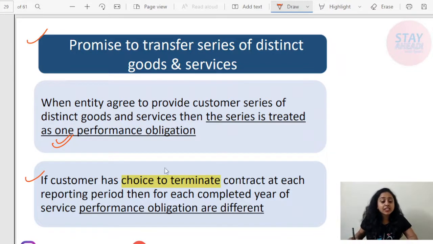If the customer has a choice to terminate, that is very important. If there is a 5-year maintenance contract, record it as a single performance obligation. But if there is a choice to terminate at every year end, then each such year will be treated as a separate performance obligation.